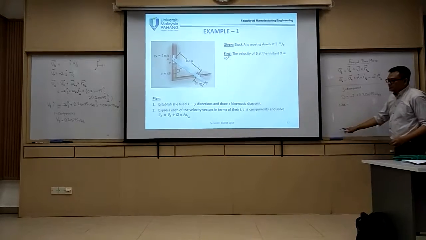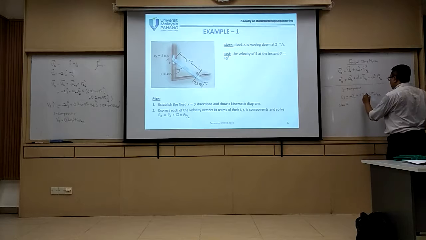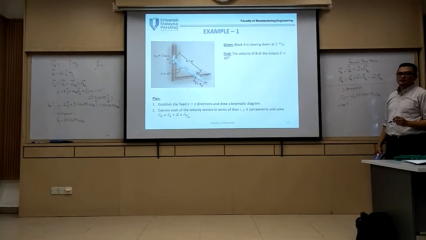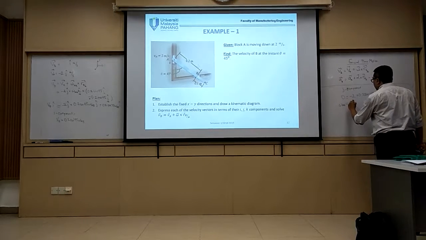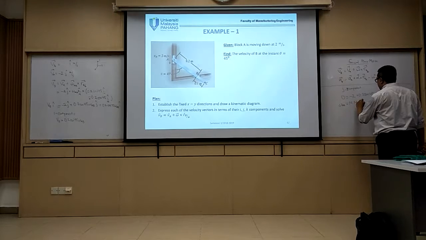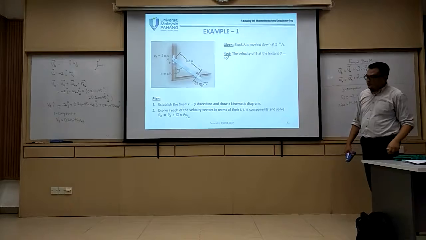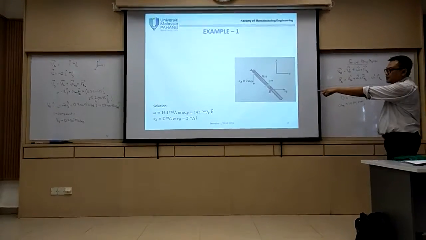It is 14.1 radian per second. So it's correct, right?